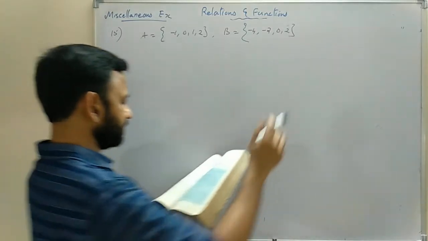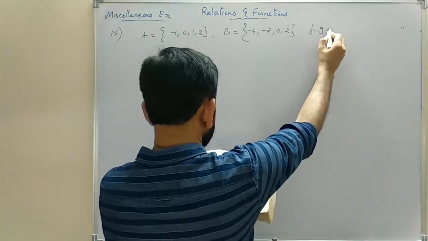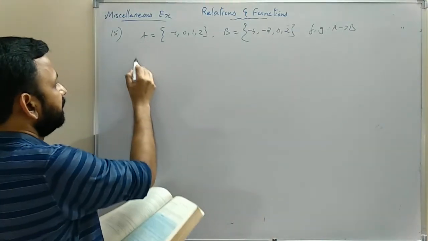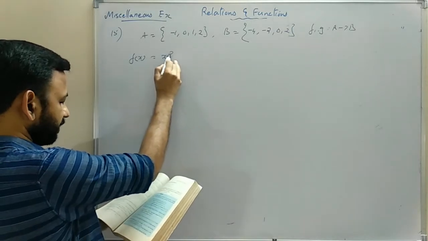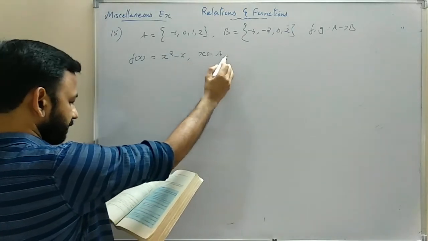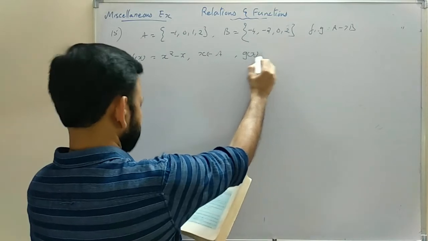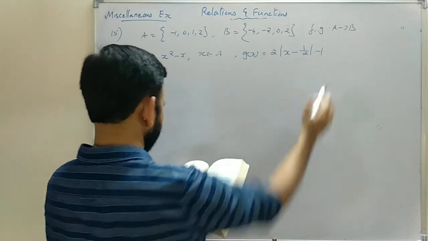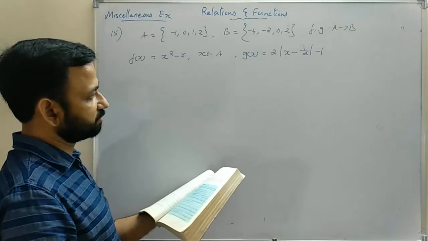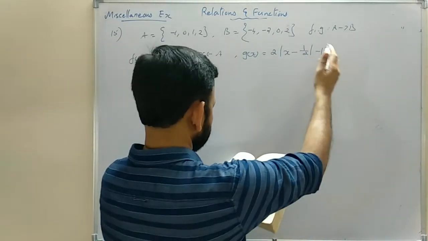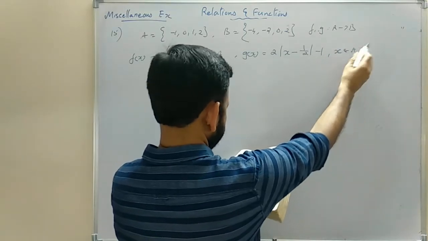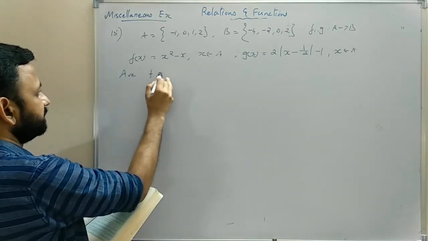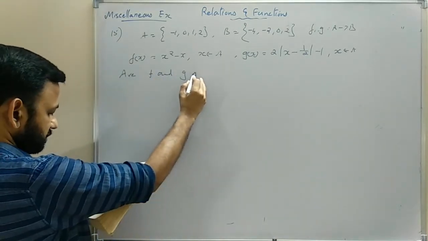Then f and g are functions from A to B. Let f be a function defined by f(x) = x² - x, x belongs to A, and g(x) = 2|x - 1/2| - 1, x belongs to A. Then our question is, are f and g equal?